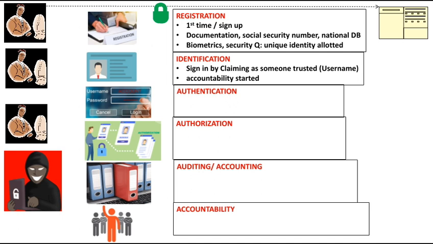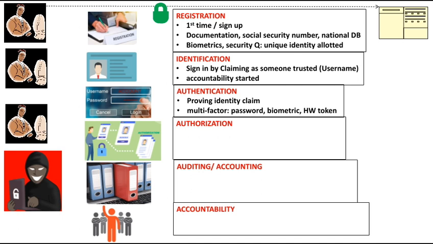Now, as yet you have not proved anything to the system. You have just claimed your identity, but you have not provided any proof of your identity. So in authentication, you provide proof of your identity claim by providing your password or your biometric.